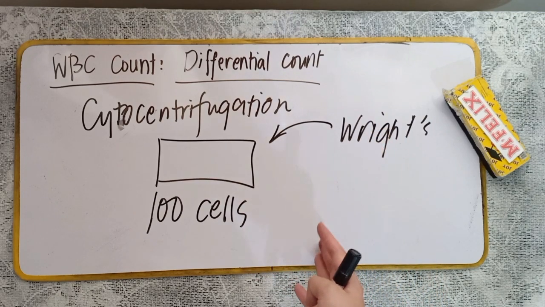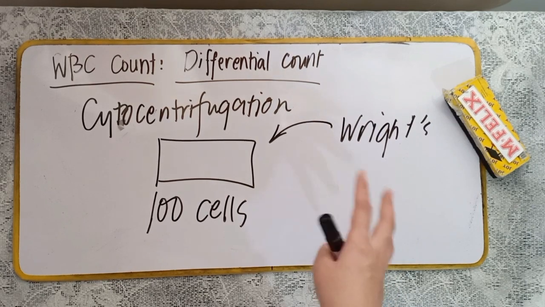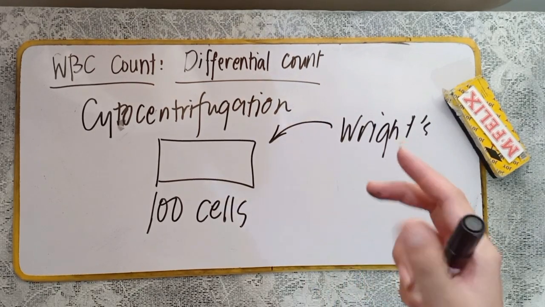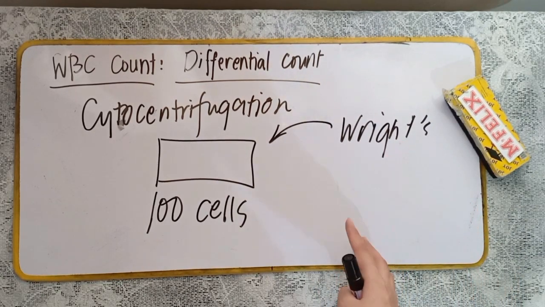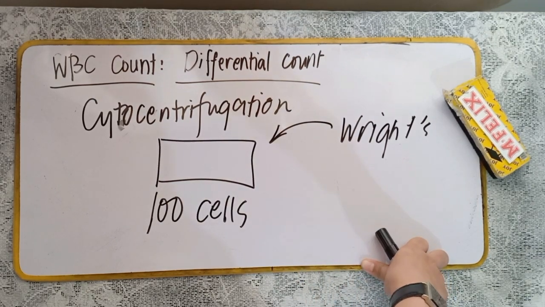Kaya nagpo-perform tayo, class, ng differential count. Kasi sa Neo-Bower, ang nakikita lang naman natin is the count, yung bilang lang nila, 'di ba? The number of cells. Pero nahihirapan tayong ma-distinguish kung anong uri ng cells yung mga yan. That is why we have to perform differential count.